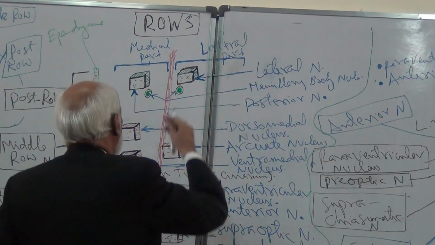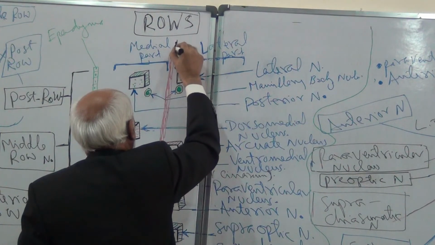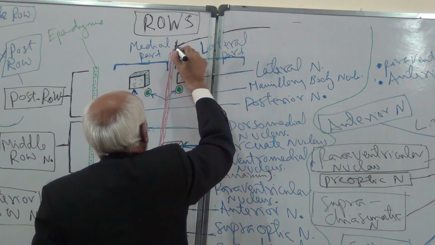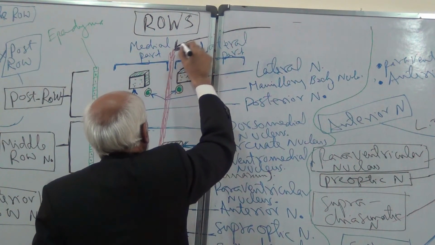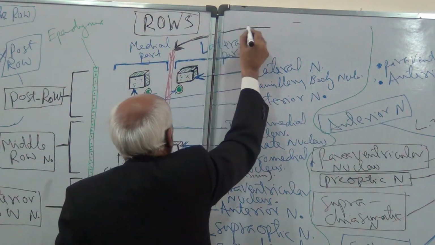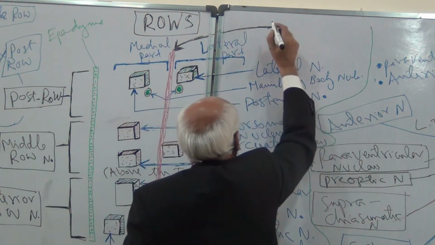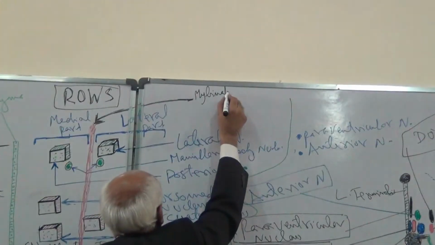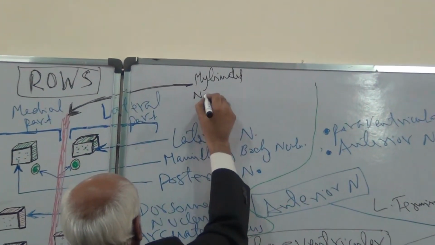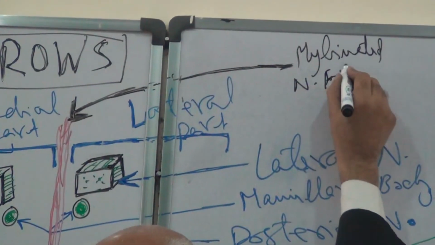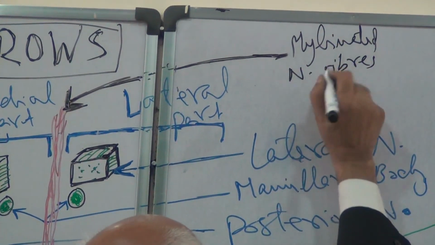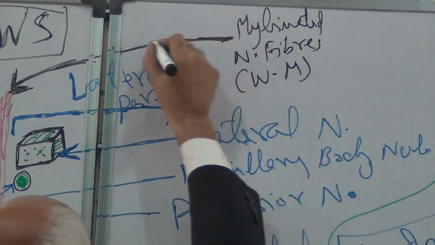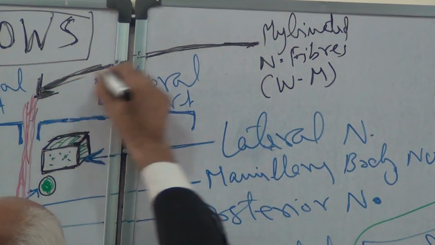Now, what are these fibers? These fibers comprise myelinated nerve fibers, so it is white matter traversing the hypothalamus.